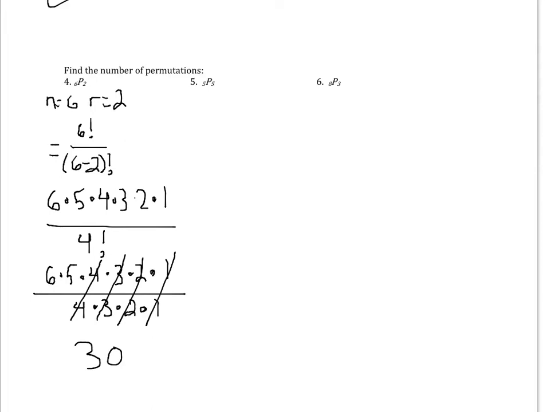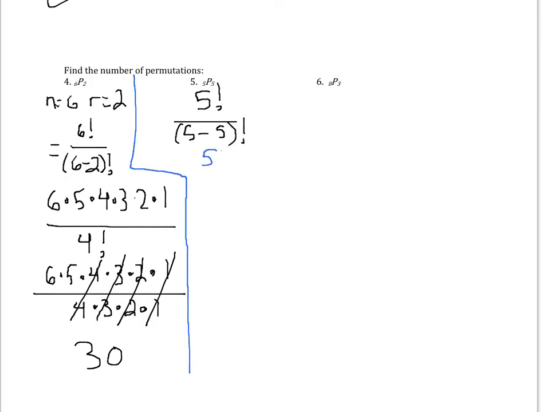So 5 permutation 5. Let's see, we have 5 factorial divided by 5 minus 5 factorial. Let's set up a little bar here so we don't confuse. And I'll switch up colors now.